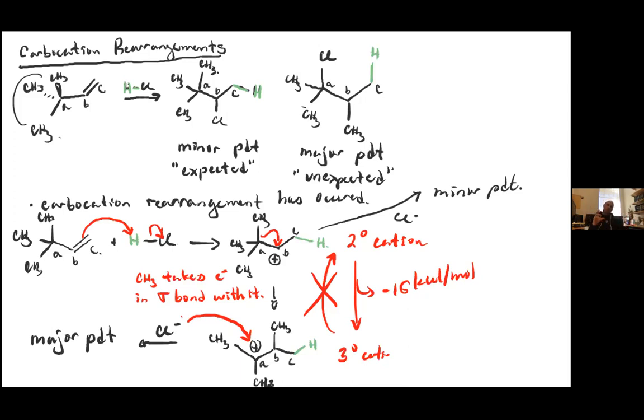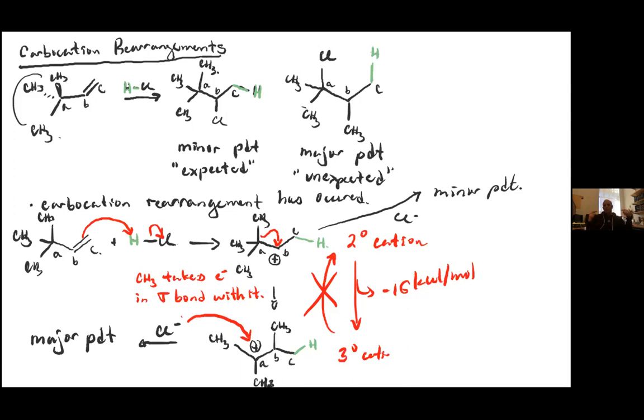If you consider the chloride trapping to form the minor product, that's what we call a bimolecular process. So there's two molecules that need to come together, in this case, an anion and a molecule. And so for that to happen, they need to find each other in solution. There's going to be a concentration dependence there and a temperature dependence.